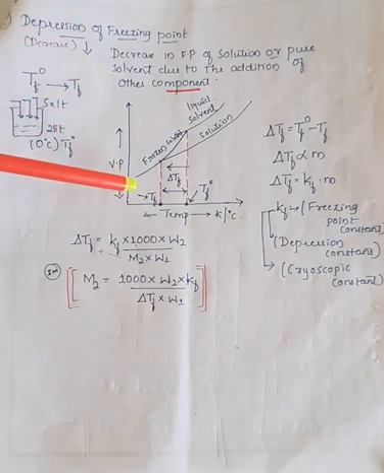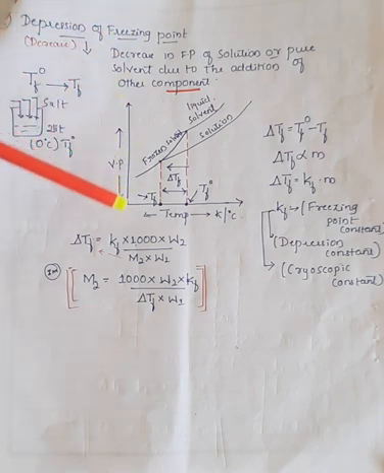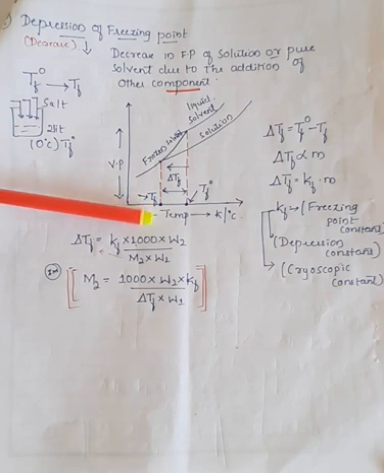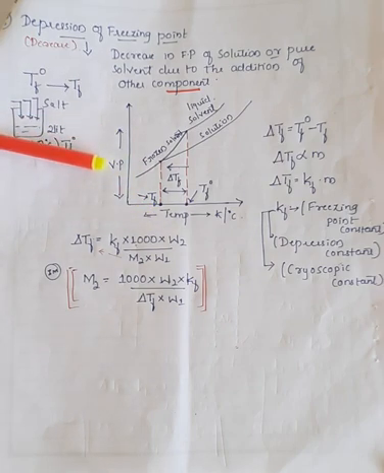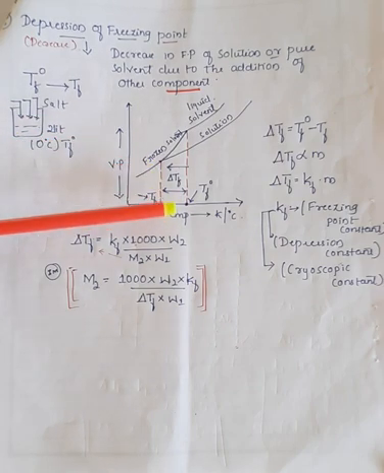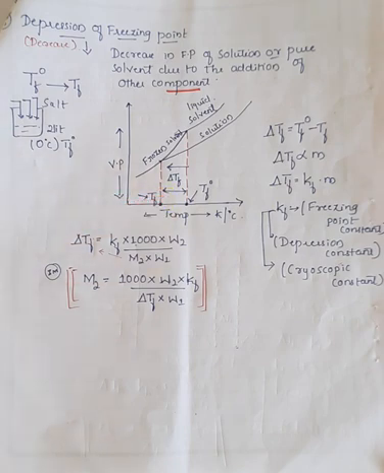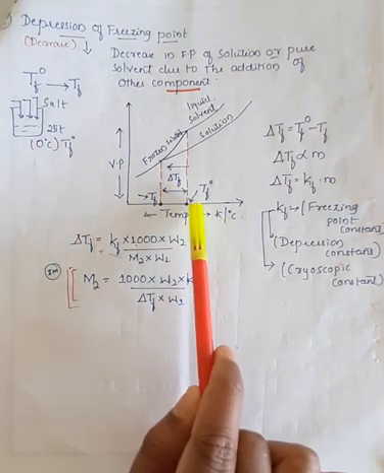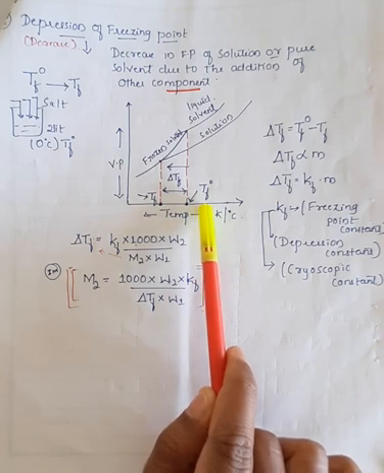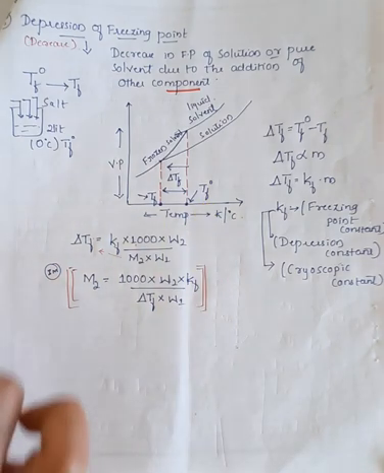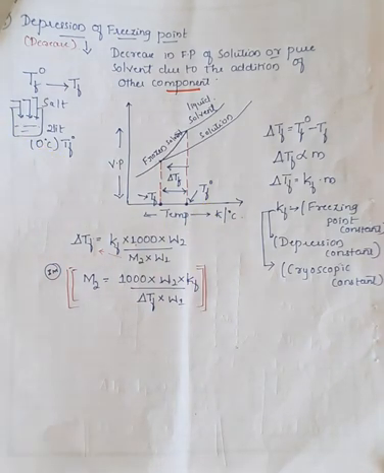Again, we can draw the same graphical representation that we have seen in the elevation in boiling point. Here on the x-axis I have taken the temperature, and on the y-axis I have taken the vapor pressure. You can observe here. Initially Tf naught, that is 0 degrees Celsius, was on the right side, and due to the addition of solute molecules the value has decreased.